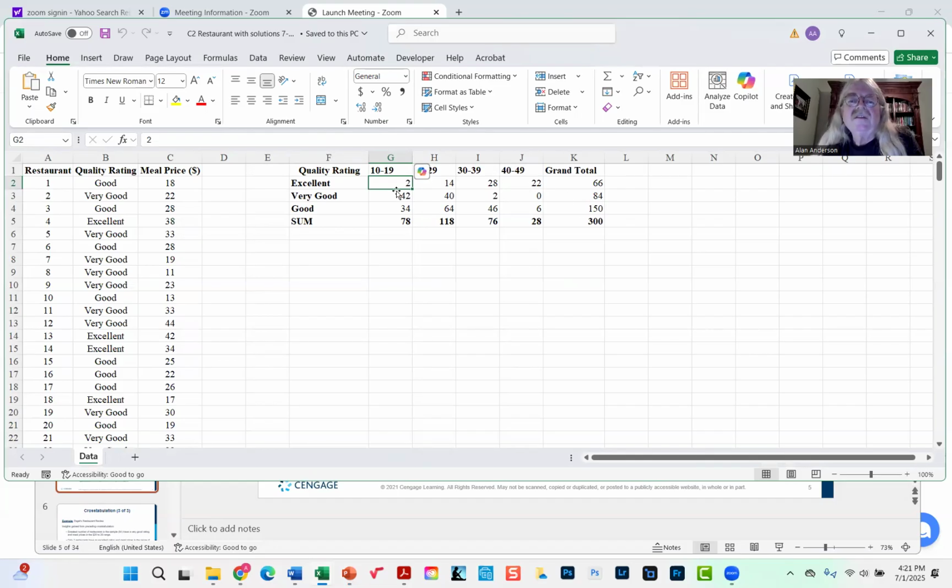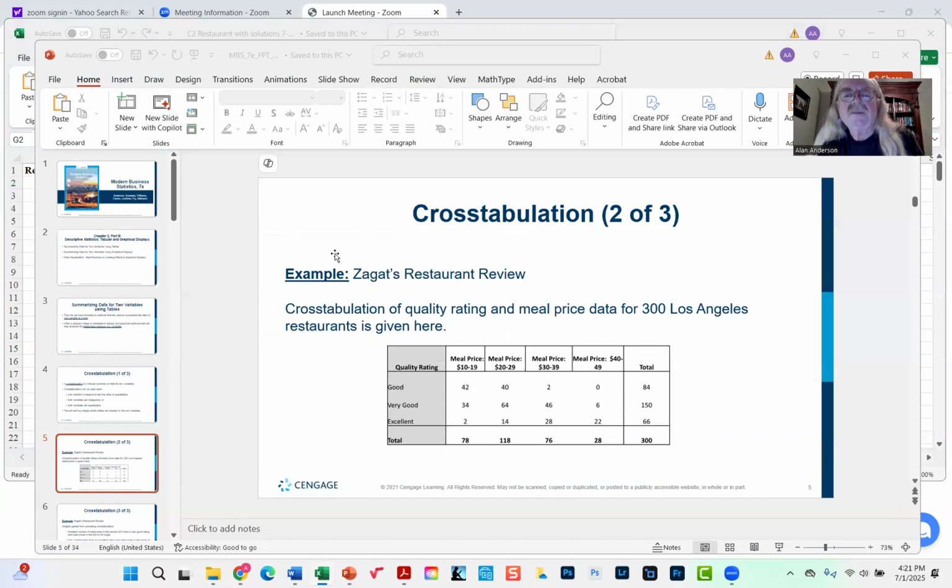So you can see that there does seem to be some kind of connection between the prices and the ratings. So this table is set up so that we can visually see what this connection looks like. And then we have all the totals. So this is an example of a cross tabulation.